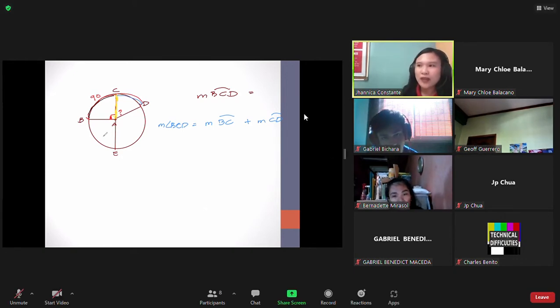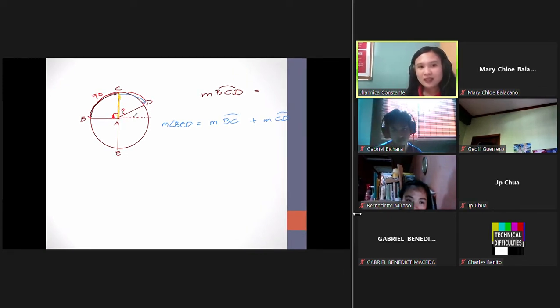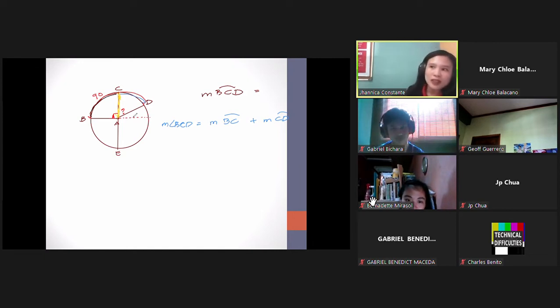To find the measurement of angle CAD, we can draw an imaginary line to get a 90 degrees, so that we can solve the equivalent of this missing angle.